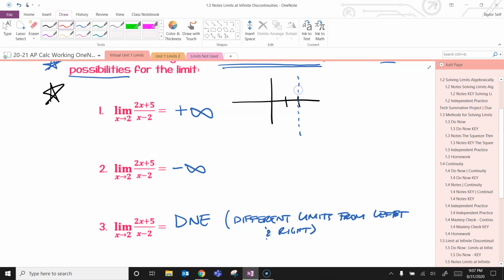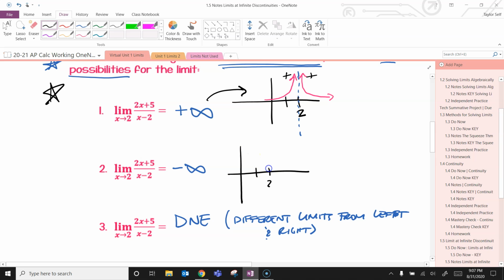Let's pretend that the pink is the function. Okay, the limit as x approaches 2 equals positive infinity would look like this. Both the left and the right side of the limit are going to positive infinity. They're going up forever.